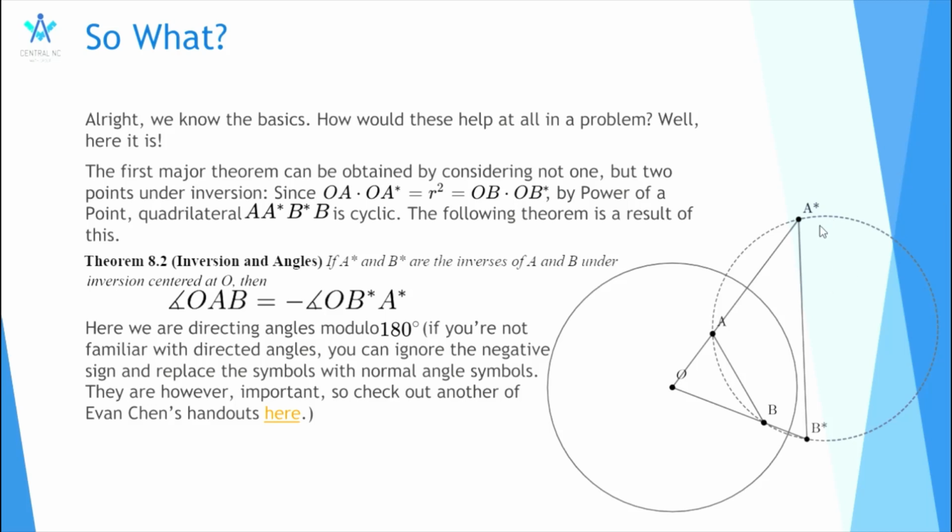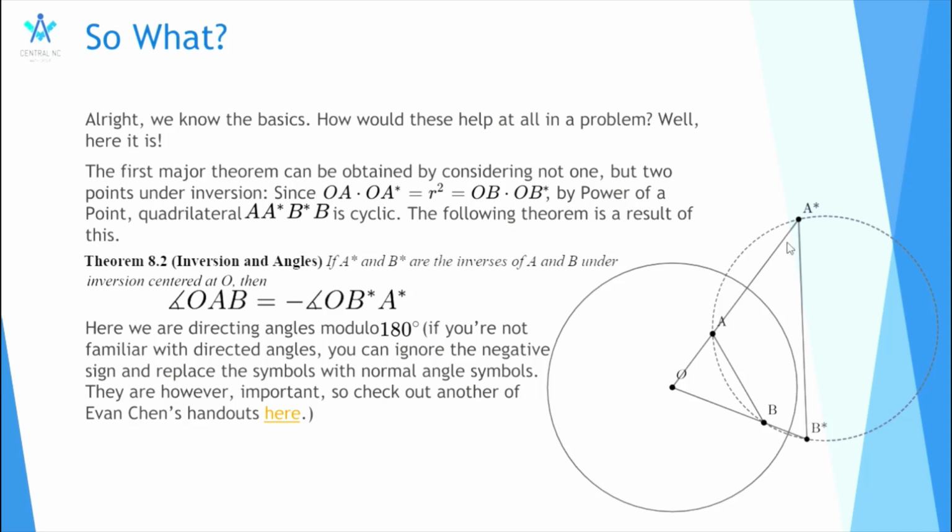Indeed, it causes a cyclic quadrilateral to form if we look at two points at a time instead of one. Because of power of a point, OA times OA asterisk is equal to R squared, and by definition that's equal to OB times OB asterisk. So that means A, B, B asterisk, A asterisk is cyclic.